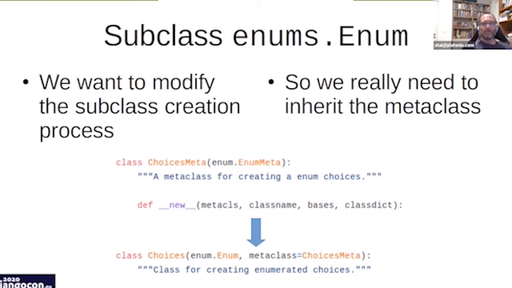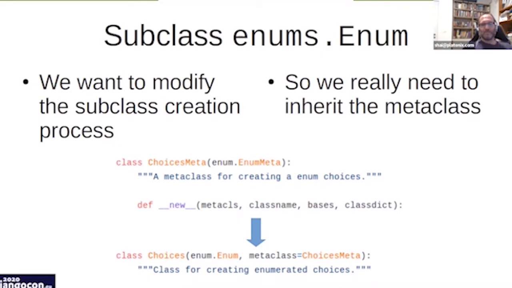In case you're not familiar with meta classes, a proper introduction is out of scope for this talk. But in a word, classes in Python are themselves objects, instances of other classes. And these latter classes are called meta classes. And just like classes can control the initialization and behavior of their instances, meta classes can control the creation and behavior of classes.